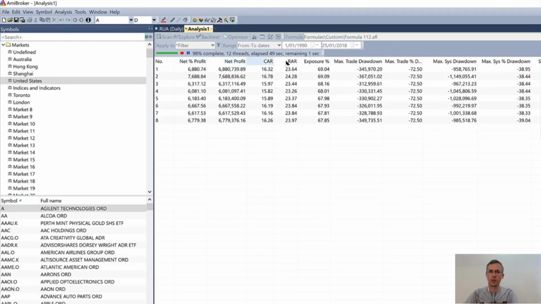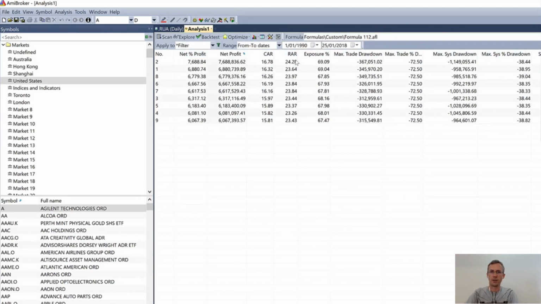See the columns that you've got here? So net profit, CAR, risk adjusted return, exposure, and everything. They're exactly the same headings as were down the side in the backtest report we just looked at. So if you understand the backtest report, then you understand the optimization. All you're doing in the optimization is comparing one row to the next to make a judgment about which is better. So it's lining them all up for you so you can make that comparison.